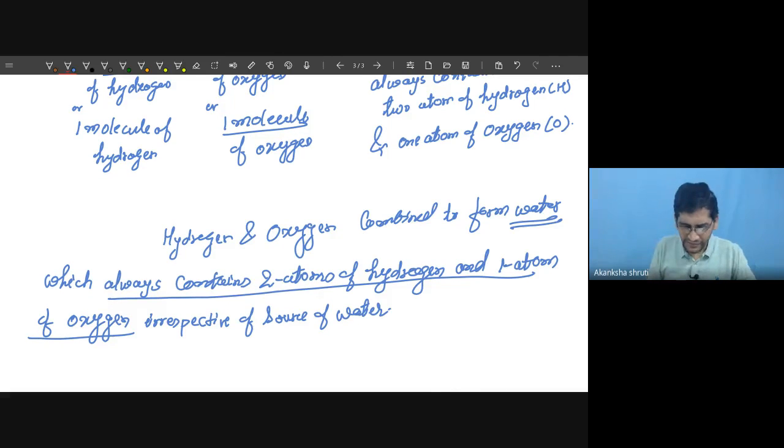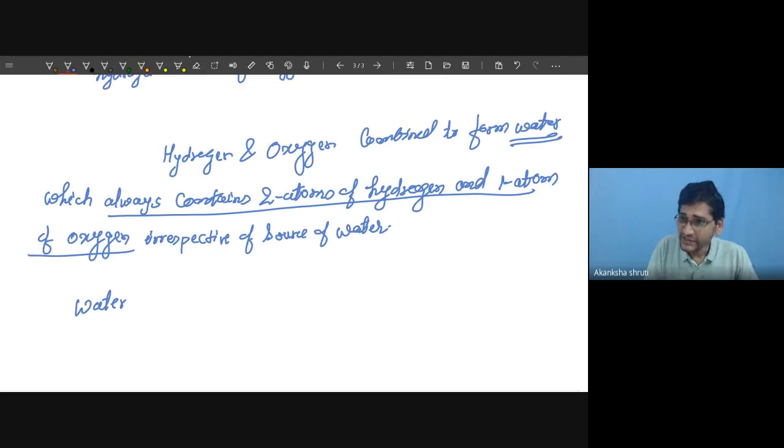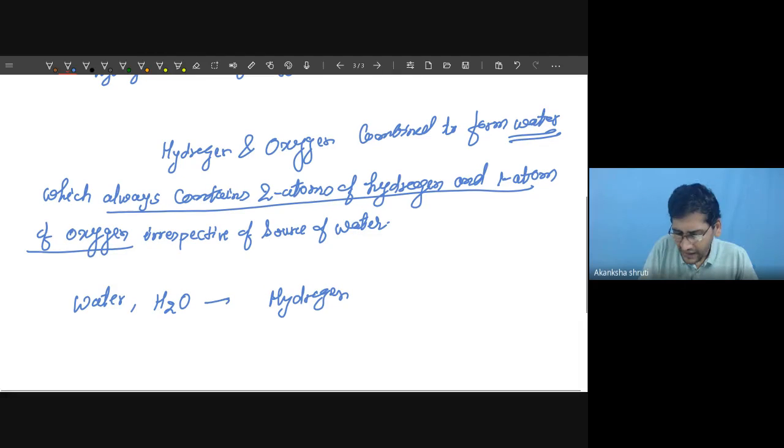It simply means water. In a similar fashion, we may take other chemicals also. Water means H2O, which always has hydrogen and oxygen. So if we are talking about water, it will always contain two kinds of elements, one hydrogen and the other oxygen.